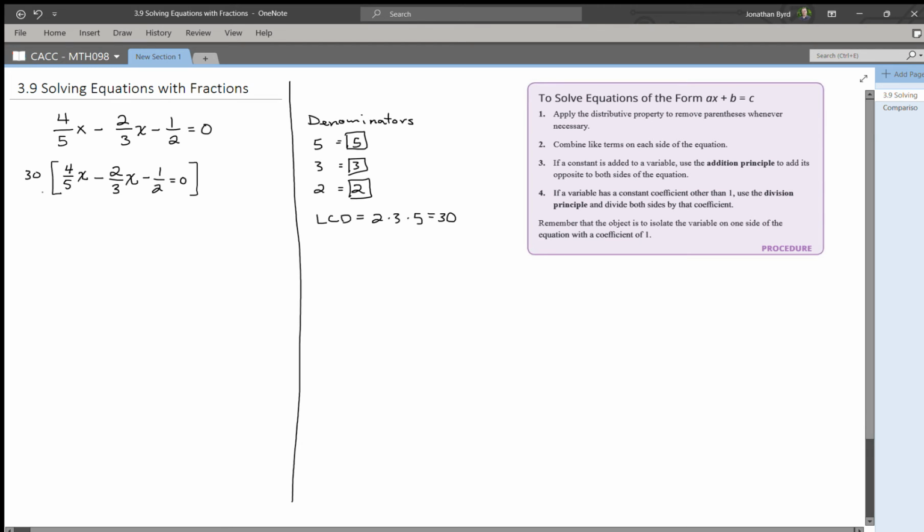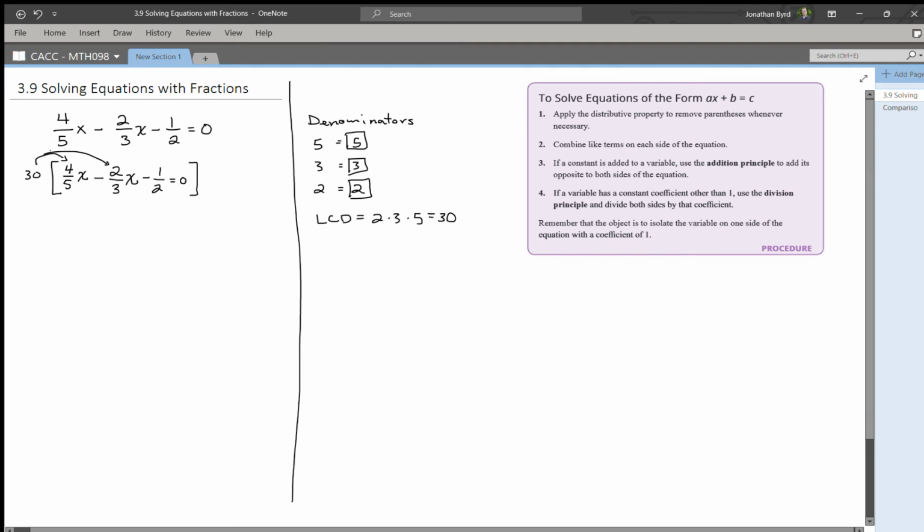Okay, so I multiplied this whole thing by 30. It's important that I multiply the whole thing because I want to make sure that I get both the left and the right side to keep this equation equal and balanced. I put brackets around the whole thing, which means the whole thing gets multiplied by 30. My first step to solve this would be to remove the parentheses by distributing the 30 to everything inside.